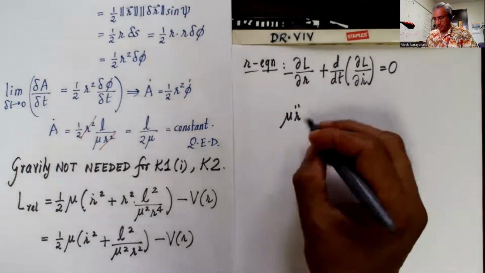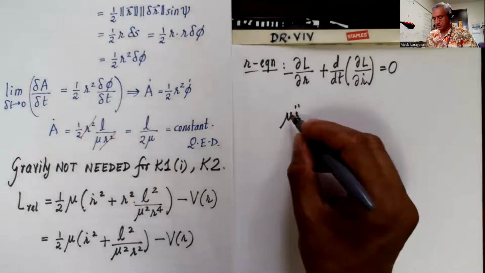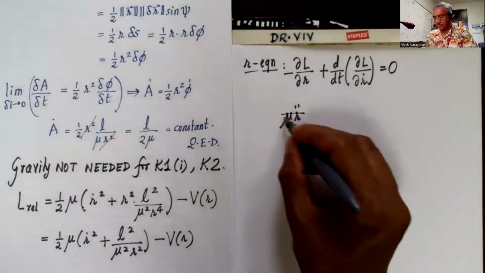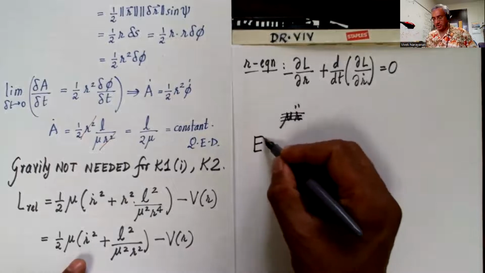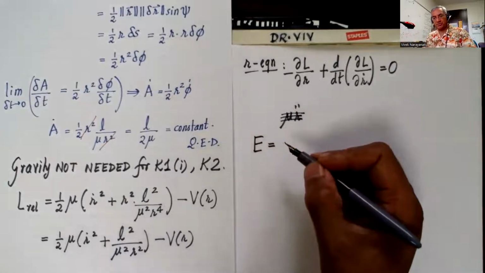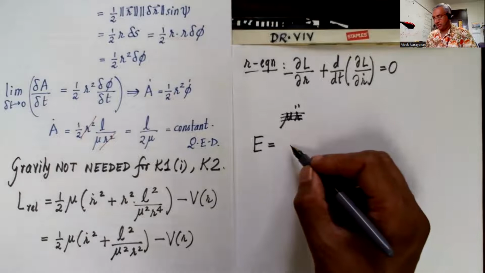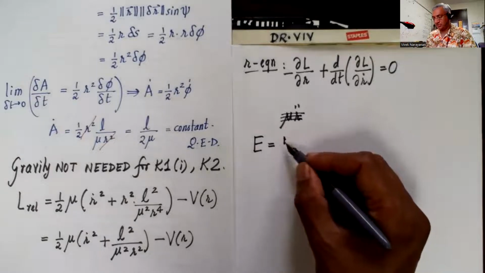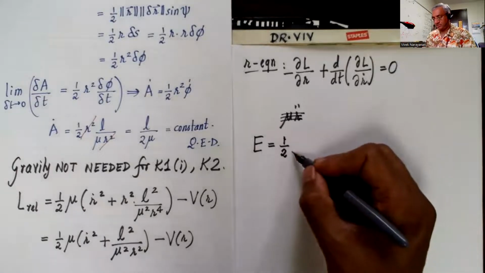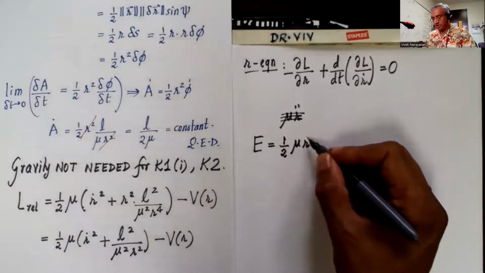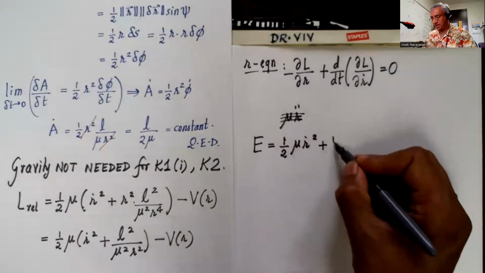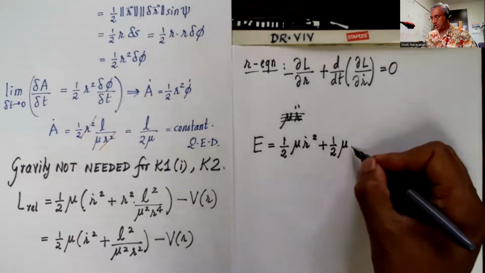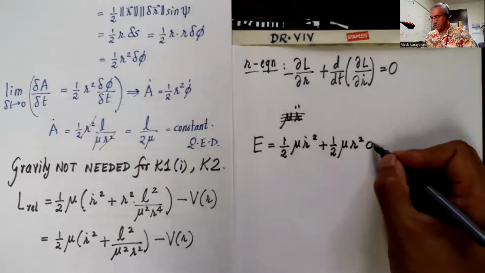Well, I think I'm going to do the following. Rather than do the r equation, let me proceed straight to energy. The energy is got by taking the Lagrangian, the kinetic energy term, and adding it to the potential energy term. So total energy is conserved. So that's 1/2 mu r dot squared plus 1/2 mu r squared phi dot squared plus V of r.